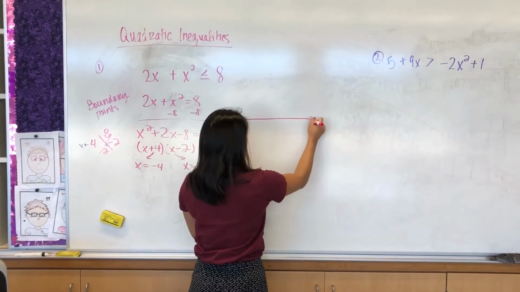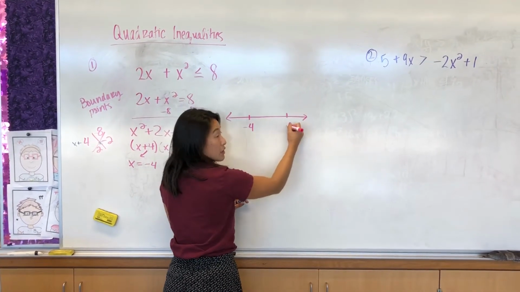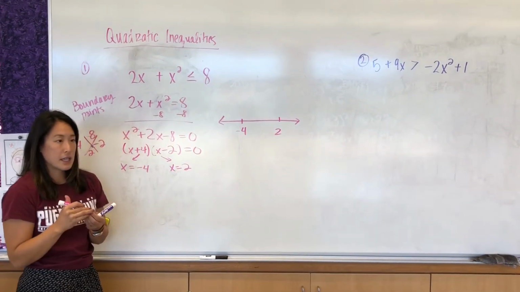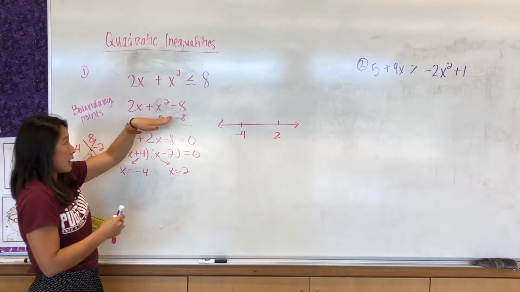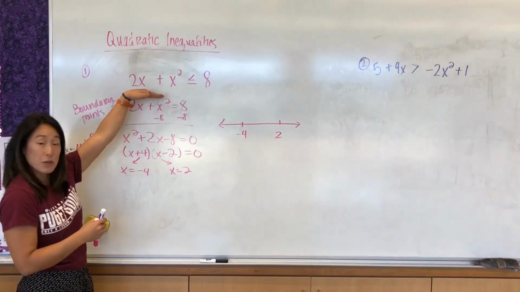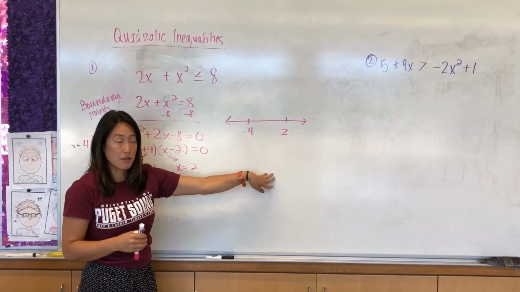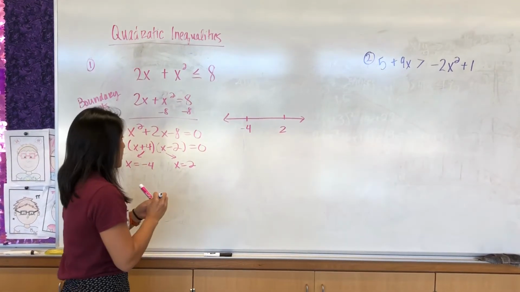So I'm going to go ahead and graph them on a number line. Got negative 4 and 2. And what we're going to do is test to see if the outputs of my function are greater than 0 or less than 0. Okay, so I'm going to write the equation in standard form.